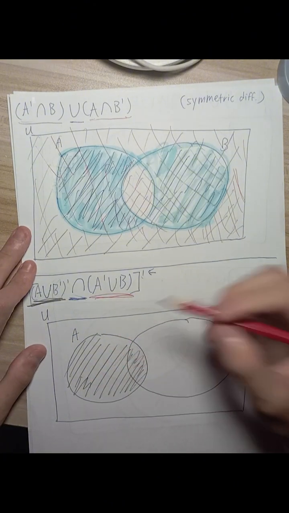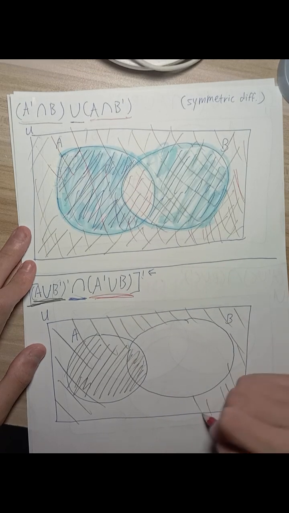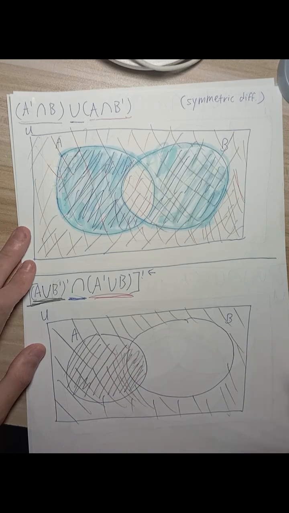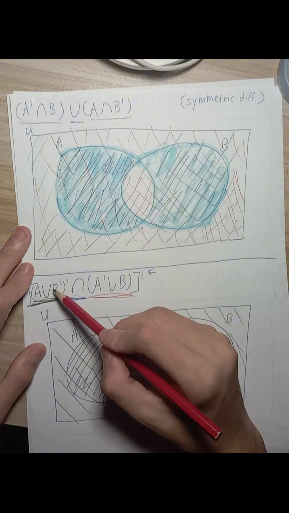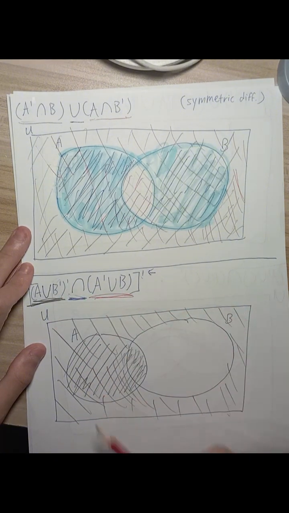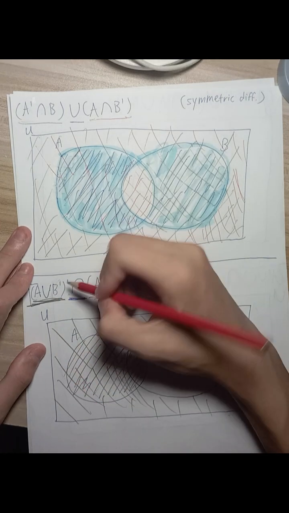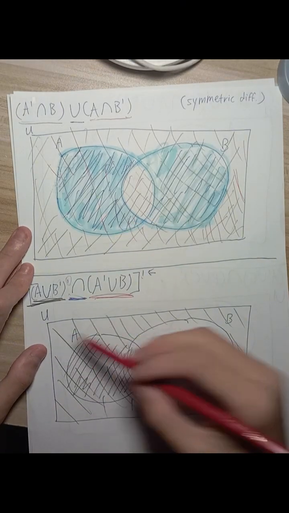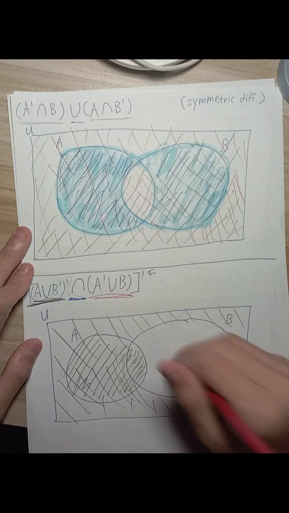And B prime is just this part right outside B. Since it's a union, we can take all the areas that are shaded, but then since you have the prime over here, we cannot shade the areas that are already shaded, and we must shade the area that isn't shaded right now.